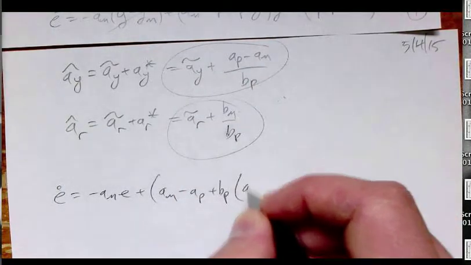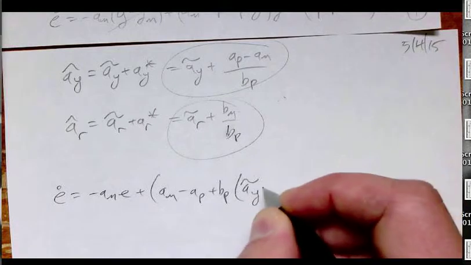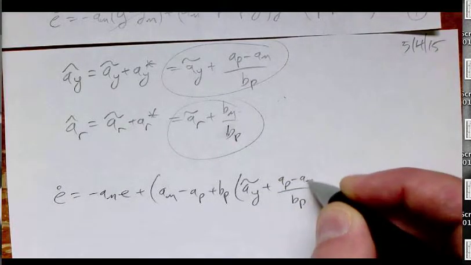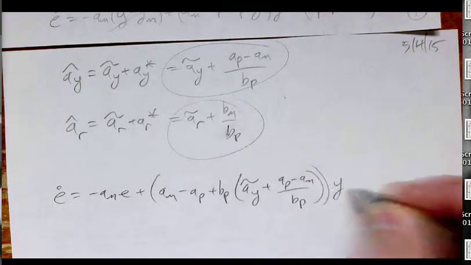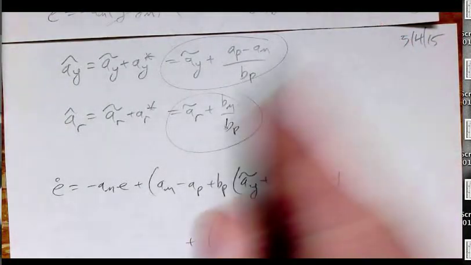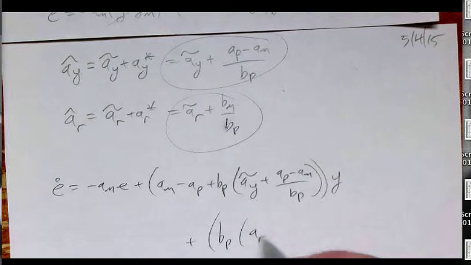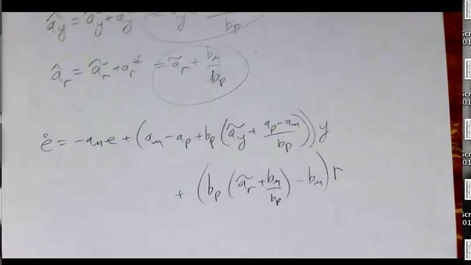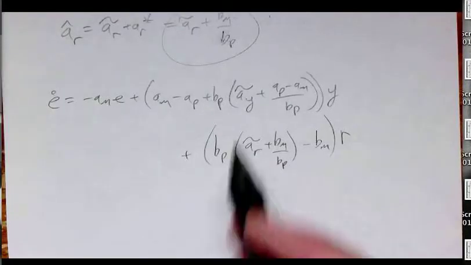And so this will be AY tilde plus AP minus AM divided by BP. And all of that is times Y. And then plus BP times this expression, AR tilde plus BM over BP minus BM R. So let's see if we can clean that up and get to what we're looking for.